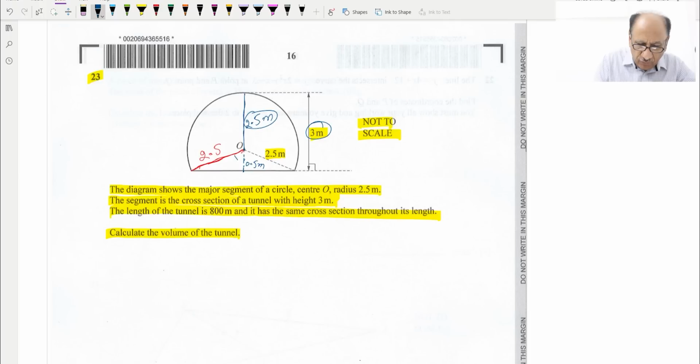I want to find this angle theta in this smaller triangle.